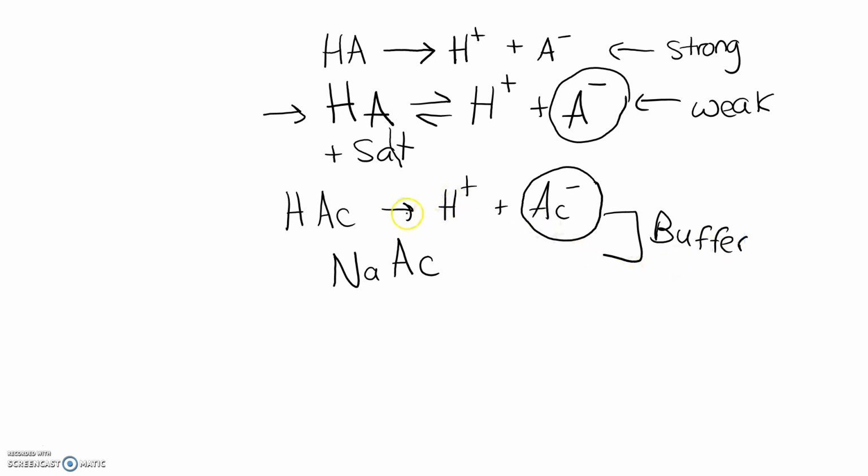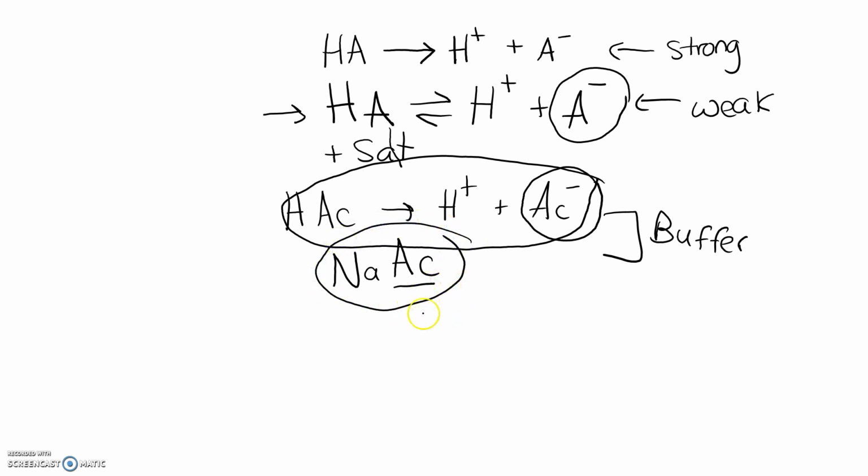Why? Because I have a weak acid and I have a salt that contains the conjugate base of that weak acid. And basically what's going to happen when I put this in solution is that this is going to dissociate a little bit, very little, and this is going to dissociate completely. And we'll get to the implications of that in the next problem, which involves the Henderson-Hasselbalch equation.